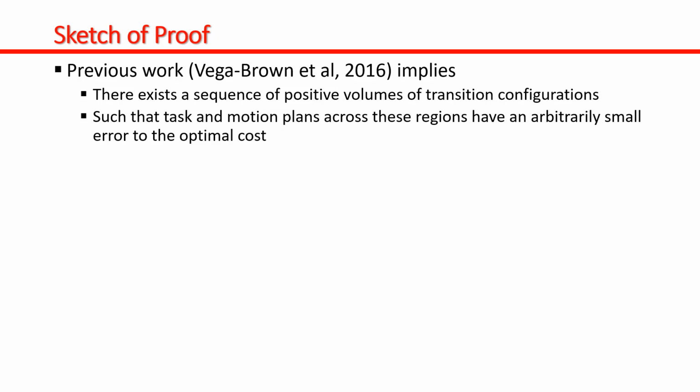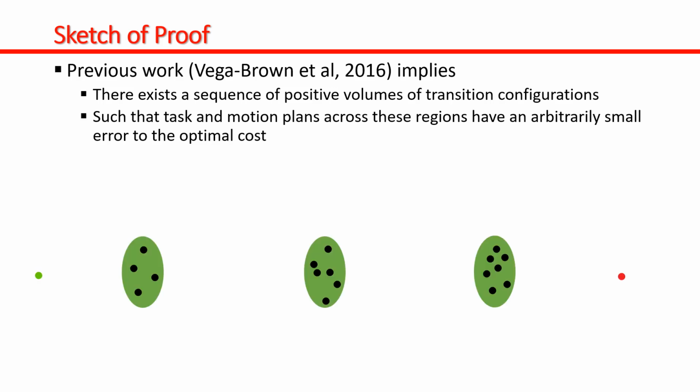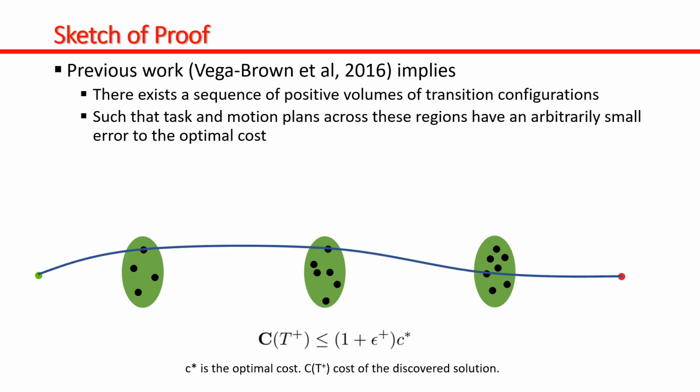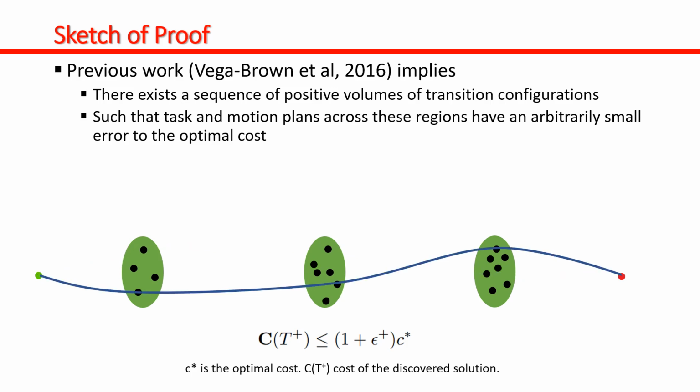And these solutions will pass through certain positive volume transition regions within which all the task and motion planning solutions will share a very small error with respect to the optimal cost.